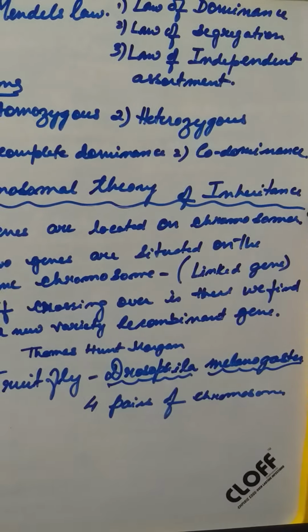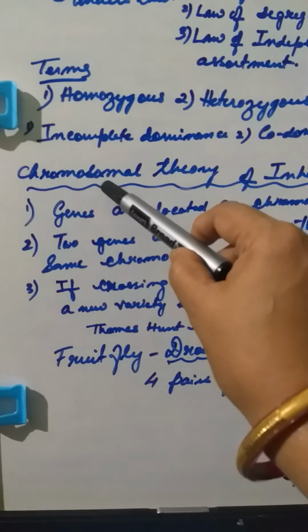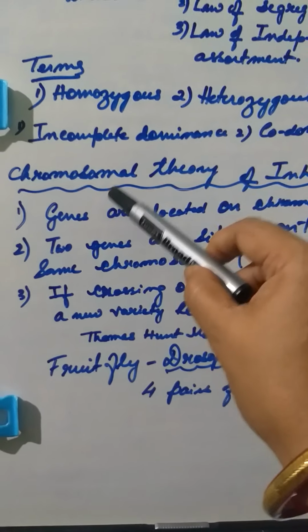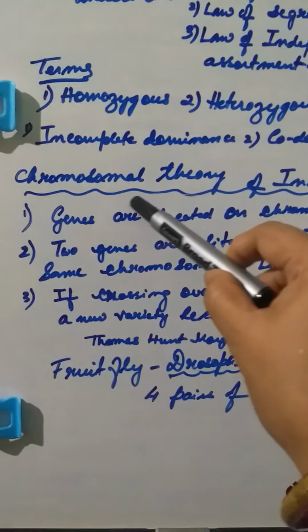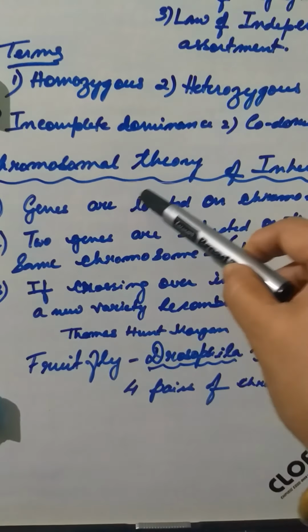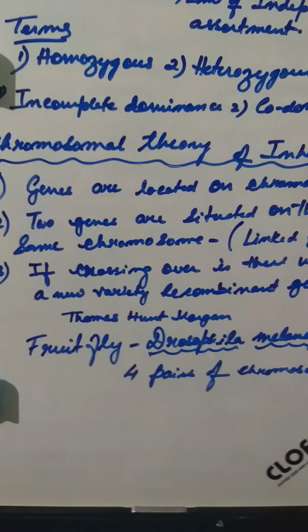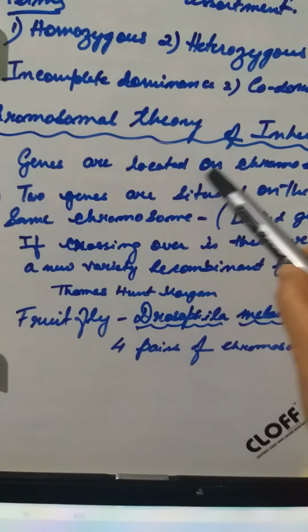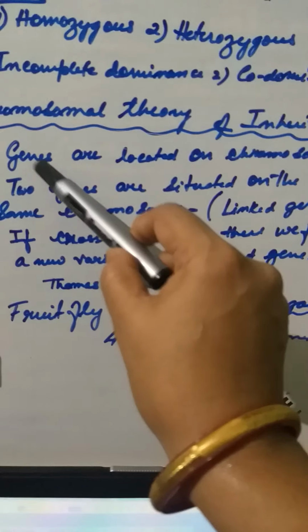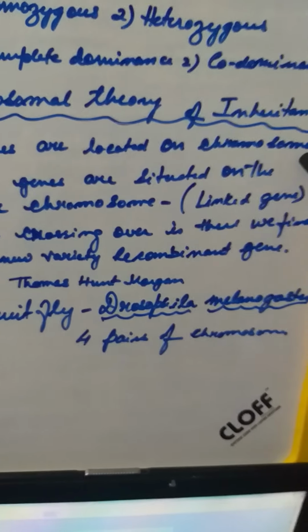What is the chromosomal theory of inheritance? It says that the chromosome carries the genetic material, whether DNA or RNA, that is responsible for the transfer of hereditary or parental characters to the offspring. Genes are located on chromosomes. Genes are characters, and they are located on a chromosome.